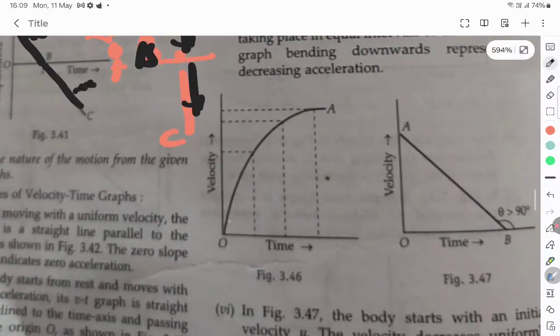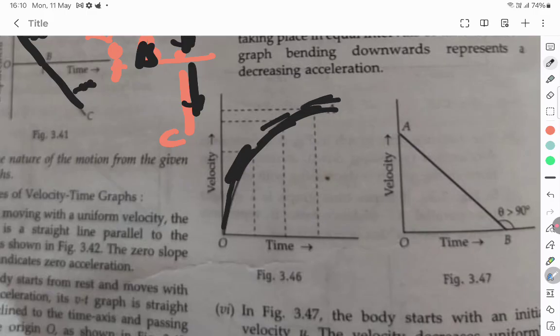So this is a deceleration. Velocity is here. If you take a slope, you get acceleration. Yeah, you get acceleration. It's accelerating. It's not decelerating, it's accelerating. But the acceleration is lesser and lesser and lesser. Or in other words, decelerating.